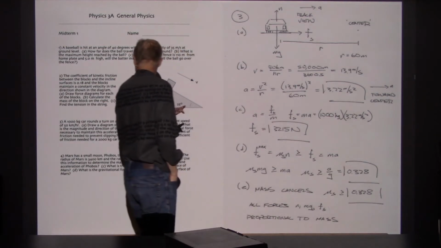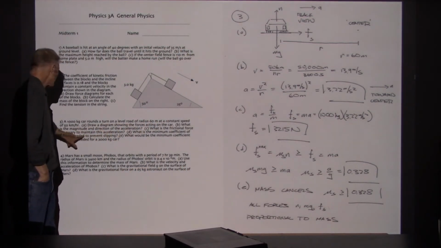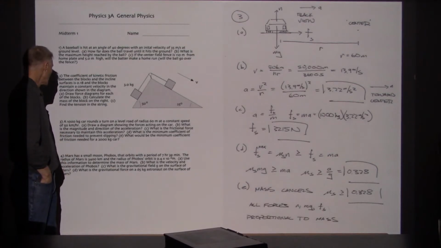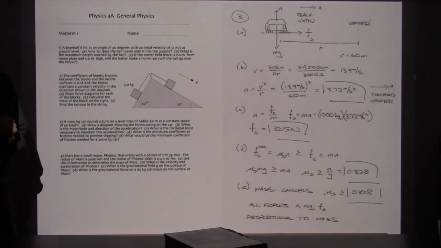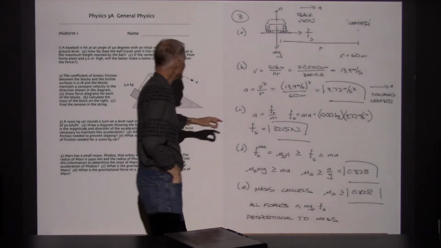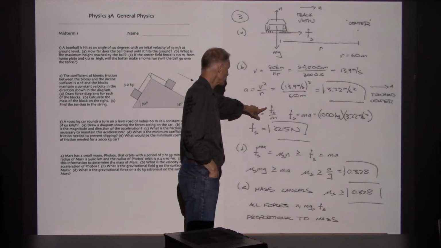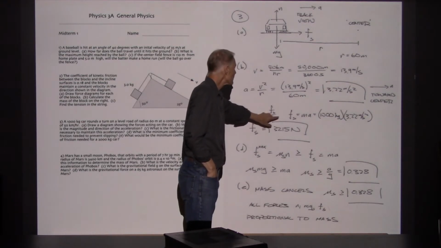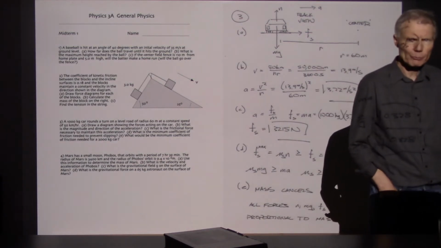In part C, we're coming back and saying, how large is the frictional force that we would need? Now, to calculate how much friction we're going to use, we can start by saying, well, the acceleration is a result of the static frictional force divided through by the mass. Turn that equation around and say, okay, I need this much static friction.